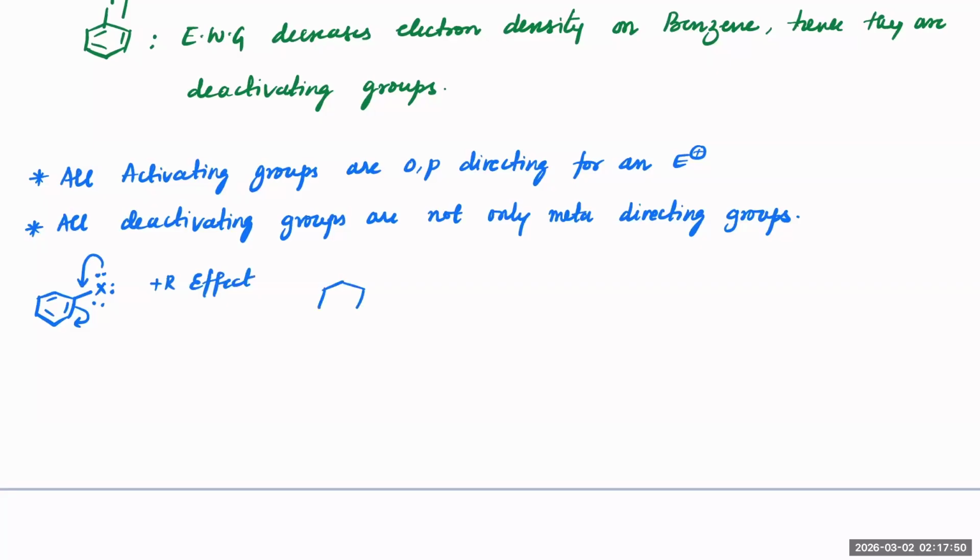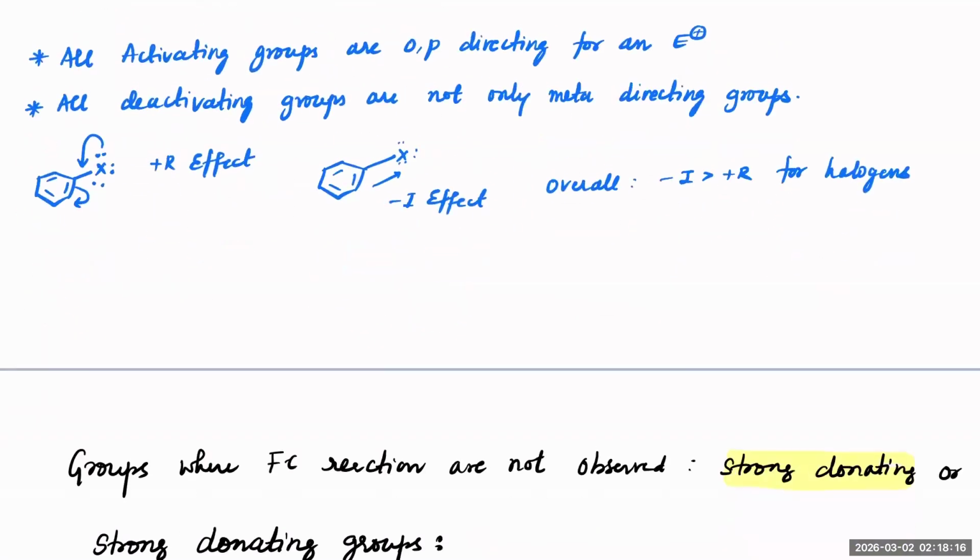But at the same time, halogens are highly electronegative by nature also. Hence, they will pull the electrons also, so it is showing minus I effect also. Overall, minus I dominates over plus R for halogens.